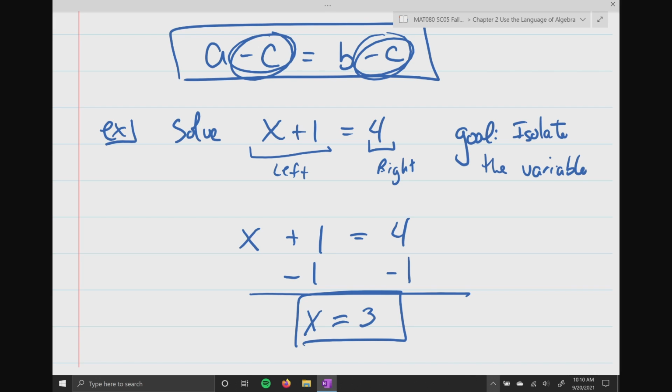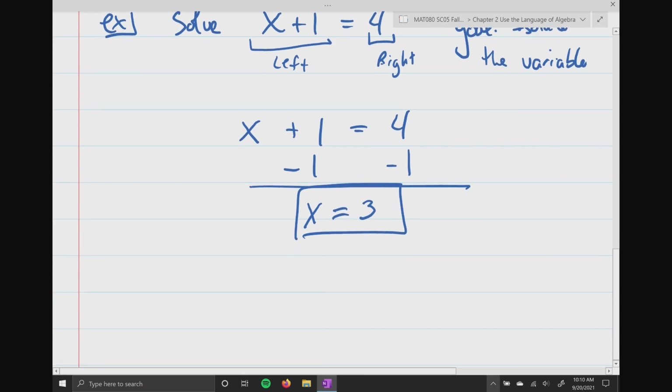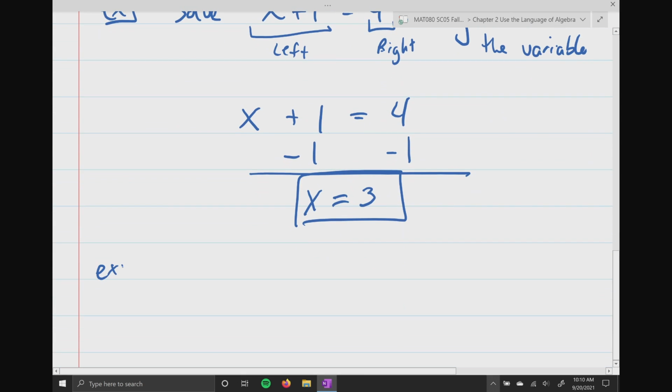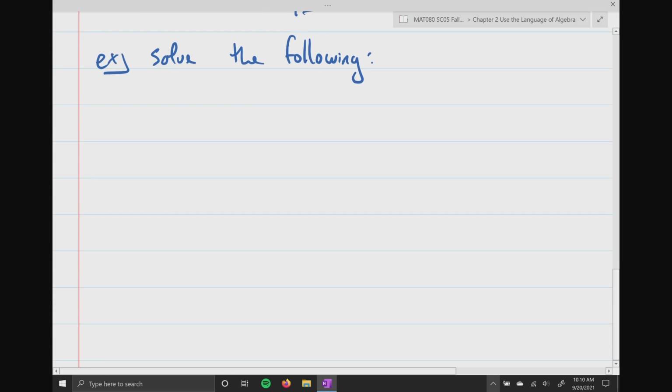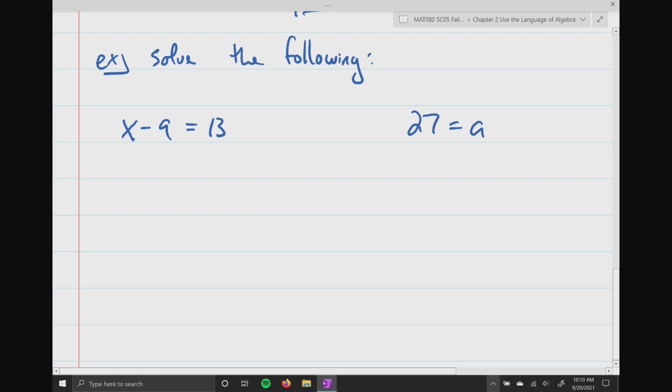Okay? For us, everything's going to be linear for right now, and that's a good thing. So let me give you a couple examples to do. So I'd like you to solve the following. I want you to do x minus 9 equals 13. 27 equals a minus 16.